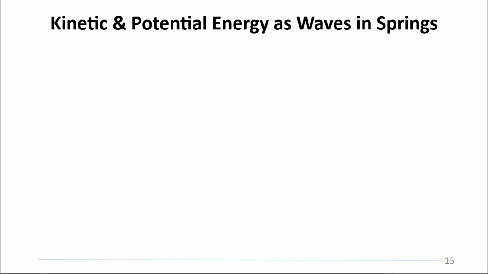Now let's move on to talking about the kinetic and potential energy for this mass spring system, and we'll eventually see that these energies can be described in the context of waves. So let's take a look and see if we're able to get a wave solution for this system.